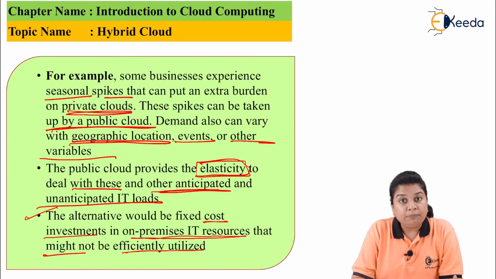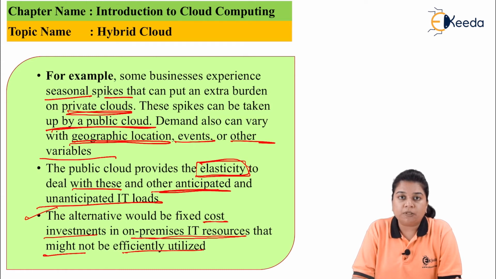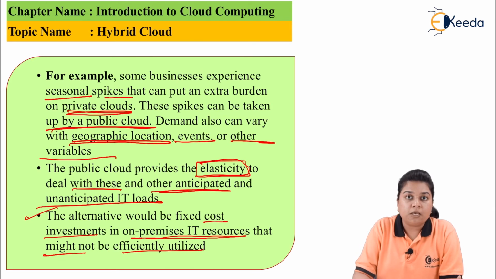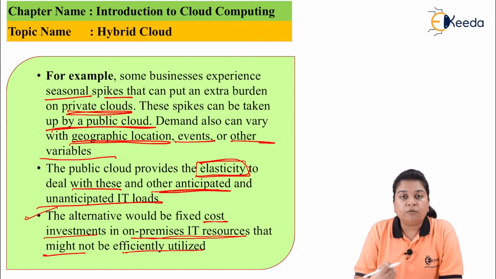But when they are using public cloud, they have to pay as per the usage. So hybrid cloud at a certain point fixes those costs, provides elasticity, scalability, flexibility, so that companies need not bear the burden of extra paying or extra money monitoring matters.